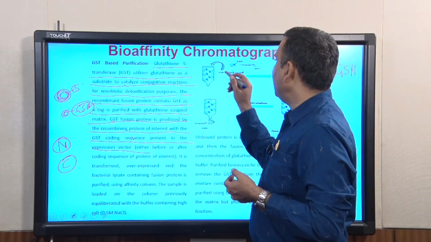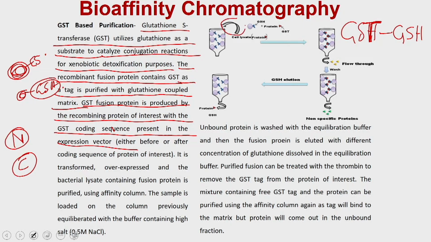The GSH is coupled onto the beads, and the protein has the GST as a tag. The protein containing the GST tag will interact with the GSH present on the beads, and that is how your protein is going to bind.